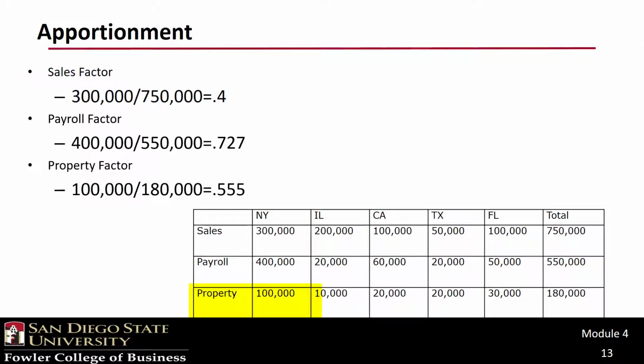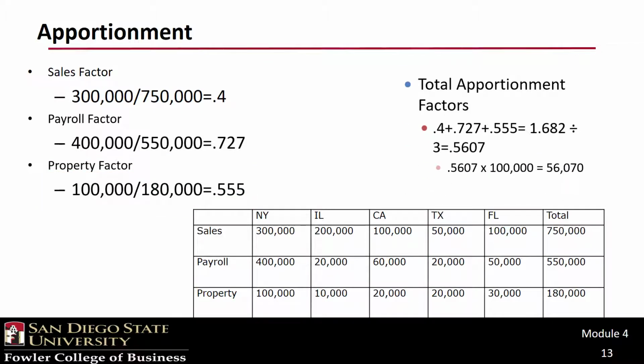And the property factor is New York's $100,000 divided by the total of $180,000, or 0.555. Then take all three factors, add them up, and divide by 3 to get the equal-weighted average apportionment factor of 0.5607. Multiply that by the $100,000 of state apportionable income, and New York gets $56,070.